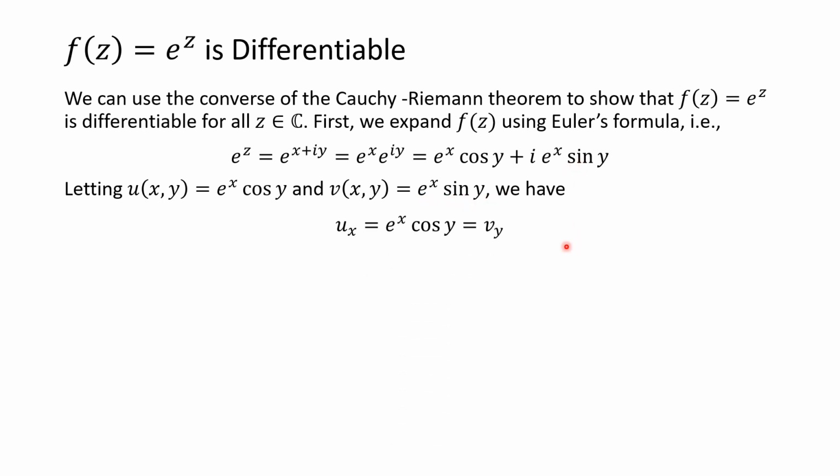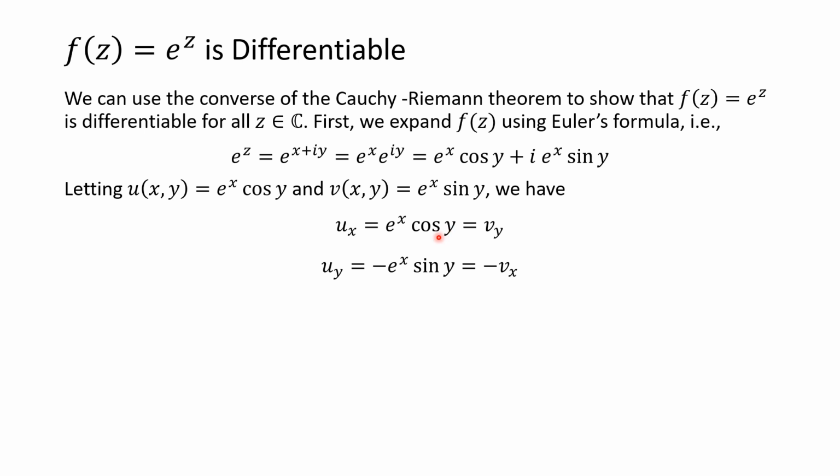Then we take the partial derivative of u with respect to x. Remember, when you take the partial with respect to x, the y is basically treated as a constant. So you just get e to the x cosine y. Then you take the partial of v with respect to y. x is treated as a constant in that case. The derivative of sine y is cosine y. So you get equality here. That's good.